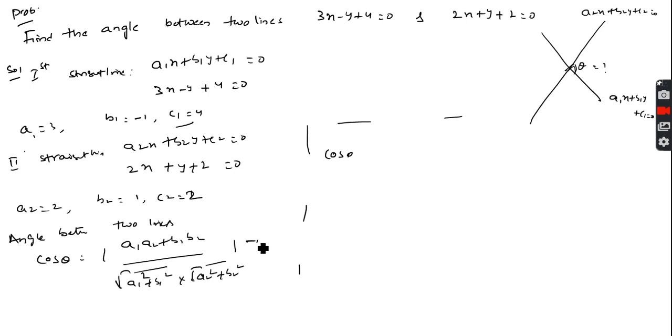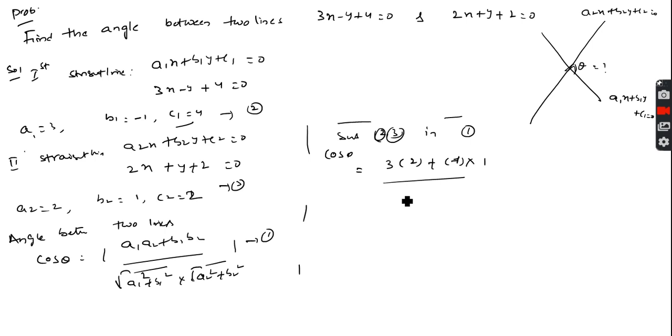Taking the first line as a1, b1 and the second as a2, b2, cos theta equals a1 a2, which is 3 into 2, plus b1 b2, which is minus 1 into 1, divided by root of a1 square plus b1 square, 3 square plus 2 square.